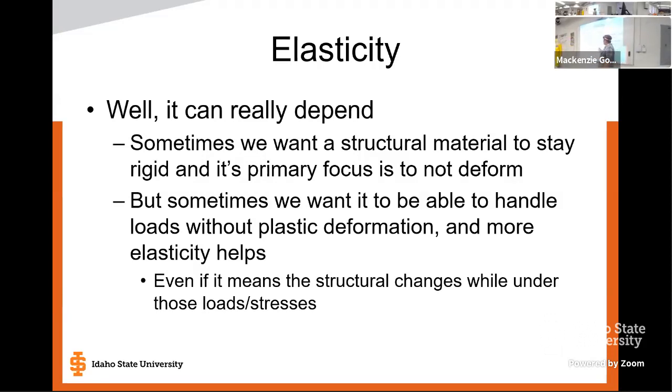But sometimes we want to be able to handle loads without having plastic deformation. We want to stay in that elastic region, and having a high elasticity helps, right? Even if it means that we have some structural changes under those loads and stresses. This is especially the case when you have some sort of cyclic stress and you can deal with a little bit of deformation.